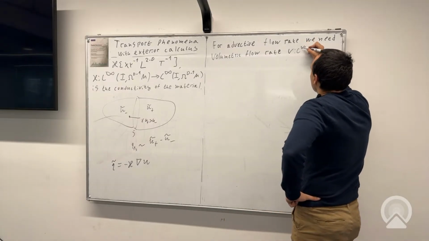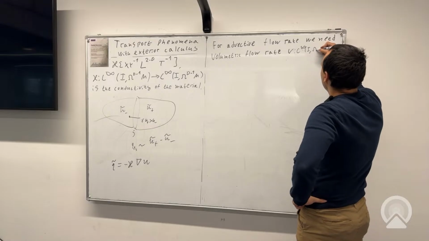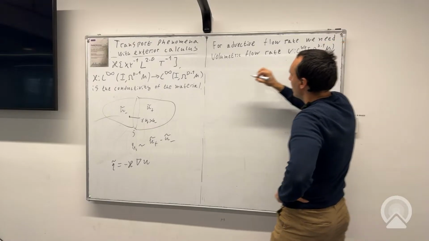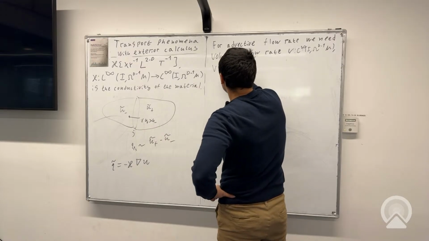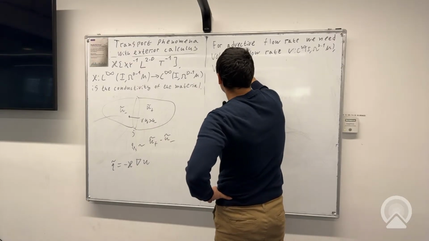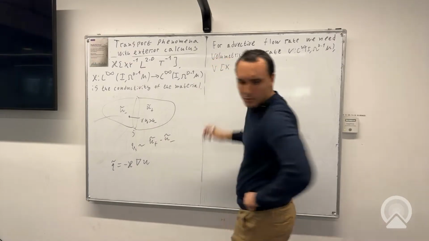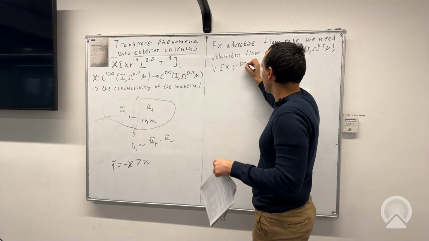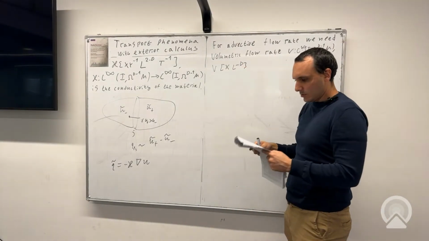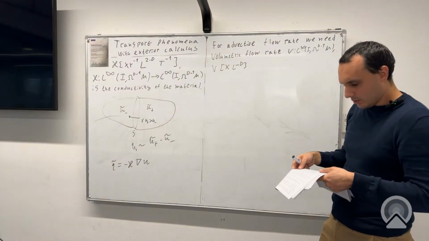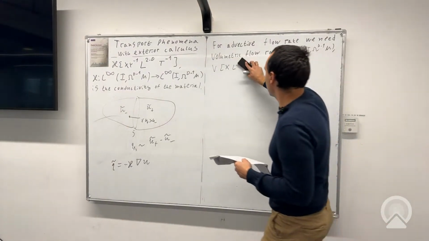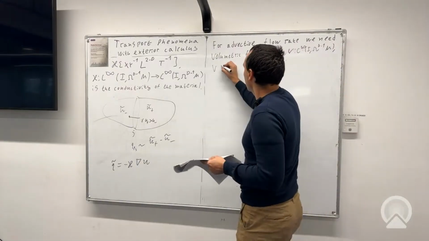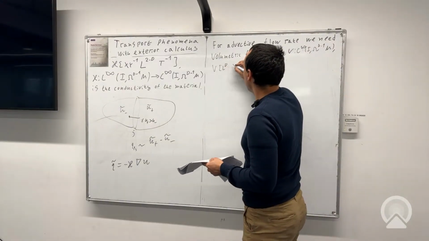It's a D minus 1 form, and its dimension is, what is it, X to the minus 1, L to the minus D, something like that. I think so. Yeah, no, sorry. Totally different. So it measures how much volume passes for a unit of time.